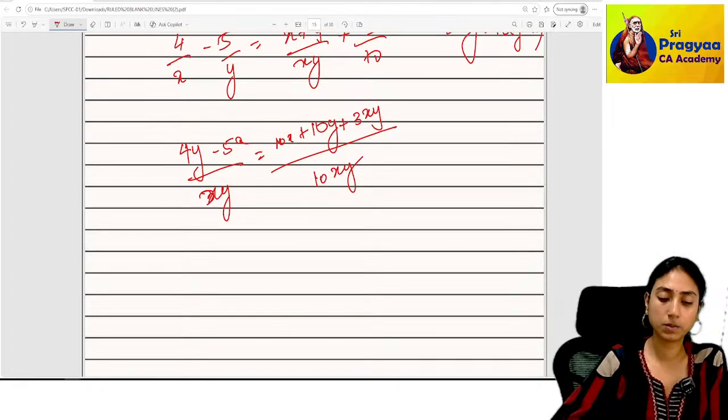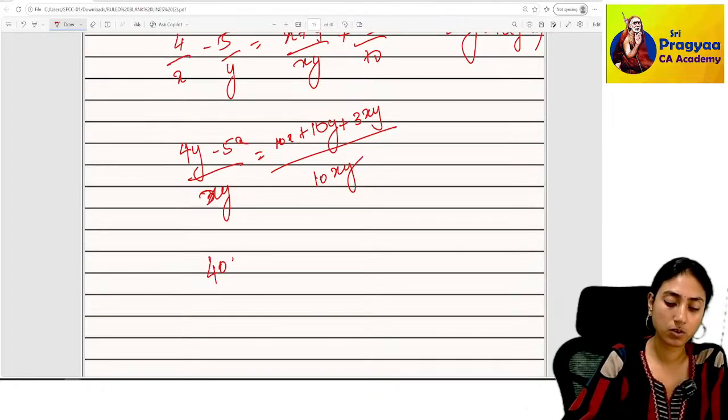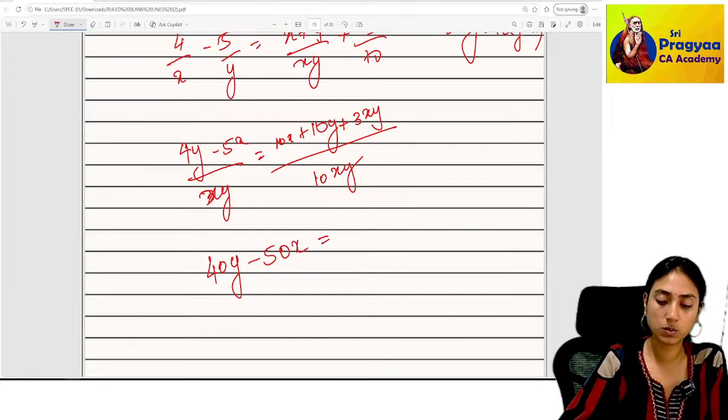So if I multiply by 10, 40 minus 50 is equal to 10x.